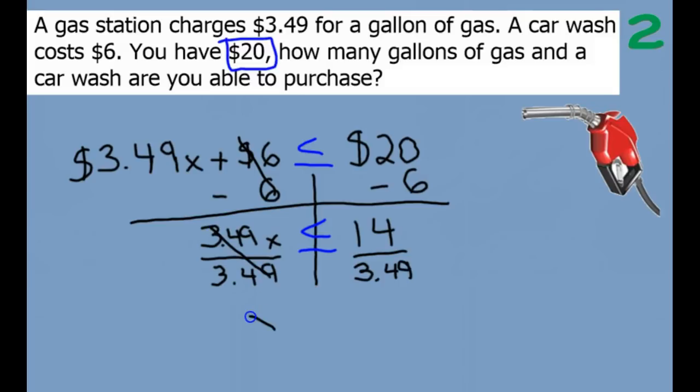What we're left with is x is less than or equal to 14 divided by 3.49. Let me grab my calculator here because I can't do that in my head. 14 divided by 3.49 equals about 4.01.